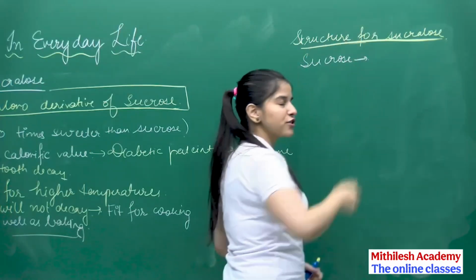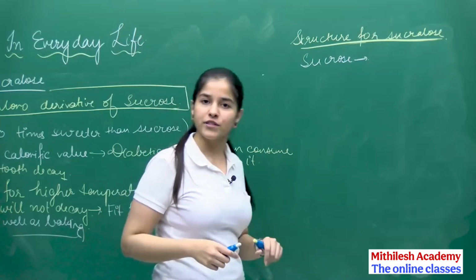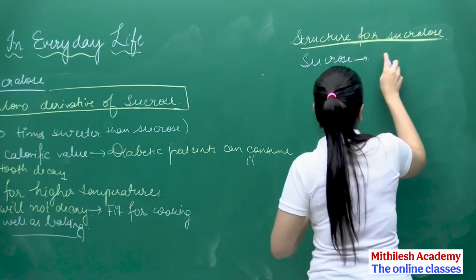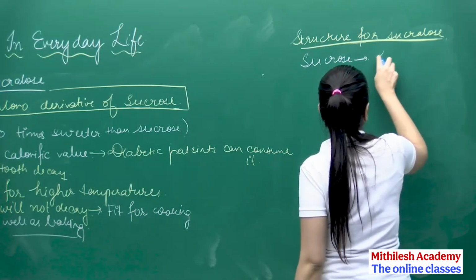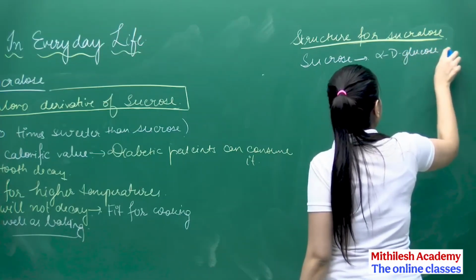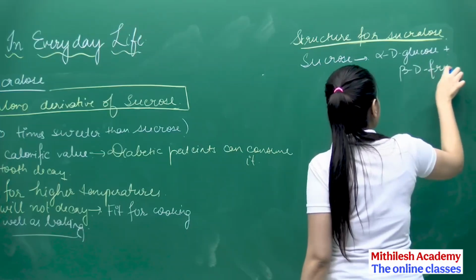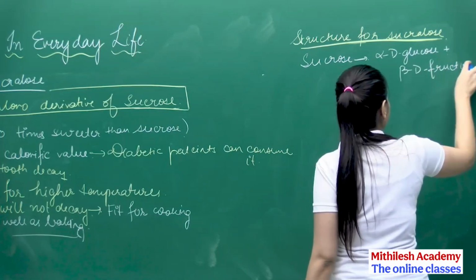So once we get the structure for sucrose, we are actually making the structure for sucralose in a jiffy. So sucrose is basically a combination of alpha D glucose plus beta D fructose. So that is what we need to make first of all.